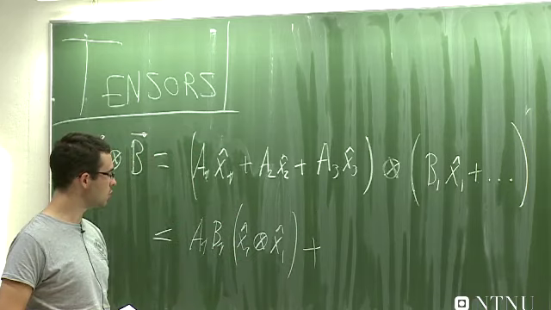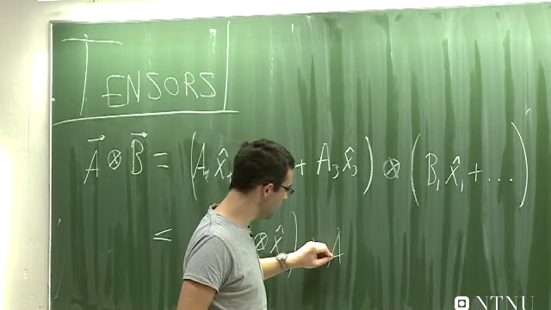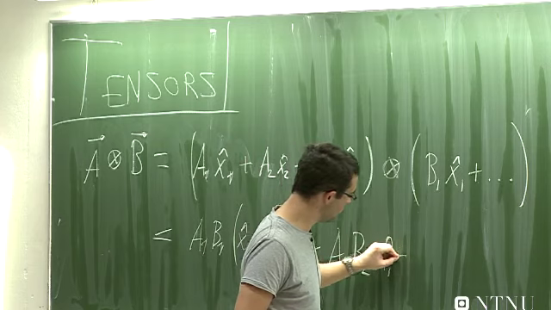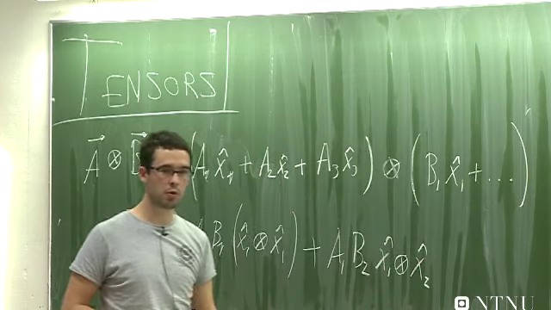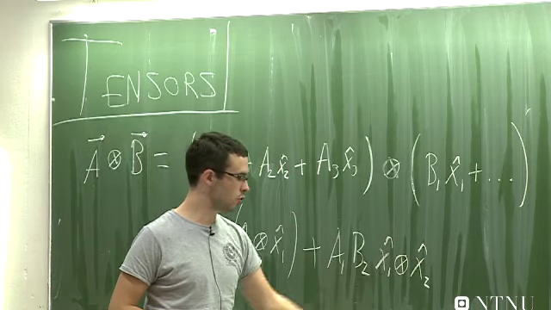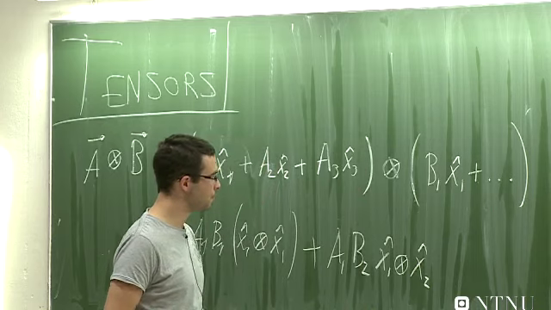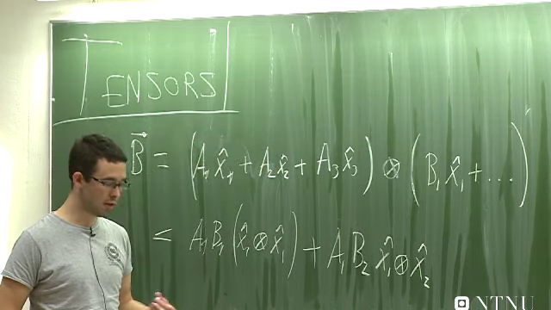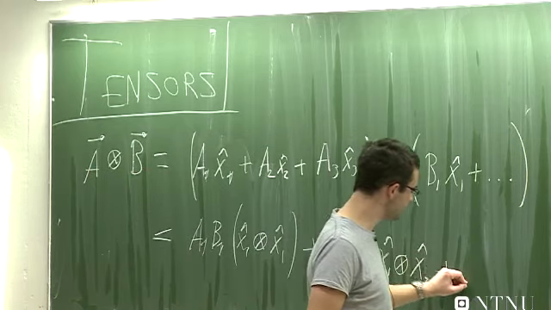And the next contribution is going to be A1 B2, and the tensor product between the unit vectors 1 and 2. And I'm not going to write out all of this, but of course it has 9 terms, meaning it's giving me a rank 2 tensor, or order 2 tensor.